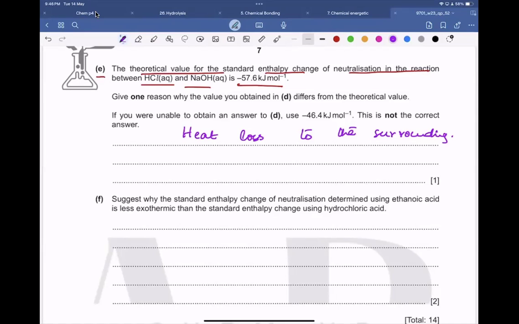No, you can't write that it is because conditions are not standard, because obviously, whether the conditions are standard or not, there must be some heat loss when you perform the experiment, right?